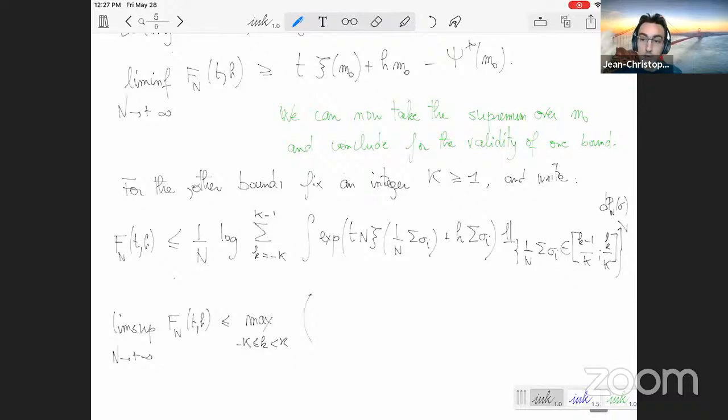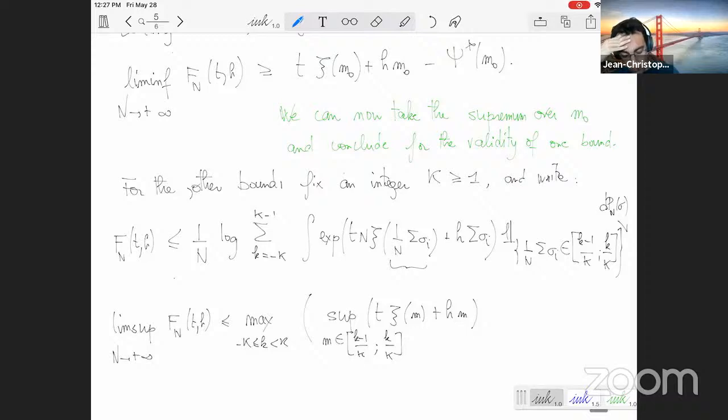So now I'm doing the bound in the other direction. When I try to substitute this guy by its value, I have to think about the largest possible bound. So I'm going to write the sup of theta psi of m plus h m over m in the relevant interval, k minus 1 over K, k over K. And then there's the large deviation guy, which I can compute at k over n if I want.